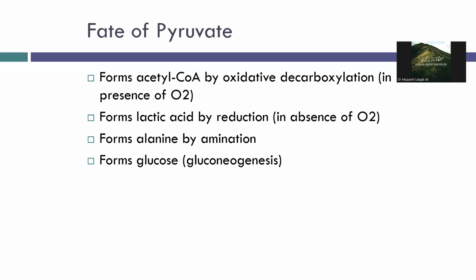The second one is reduction, the lactate formation that occurs in anaerobic conditions. The third one is amination that leads to alanine formation, the amino acid formation. The fourth one is carboxylation that leads to oxaloacetate formation that occurs in gluconeogenesis, right? This slide beautifully summarizes how pyruvate links glycolysis to other major metabolic pathways.